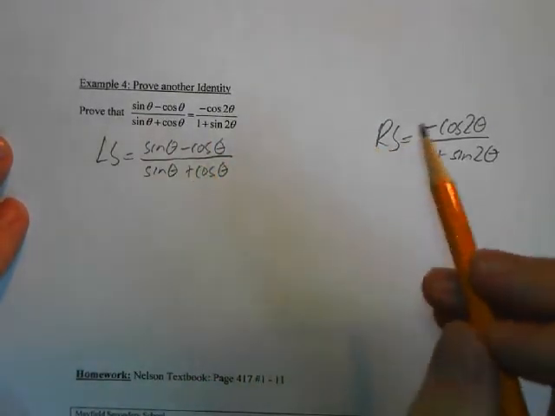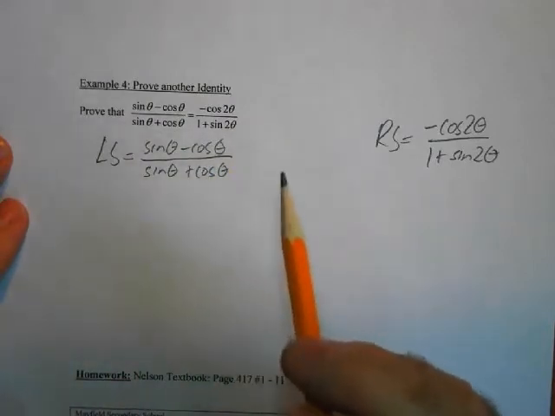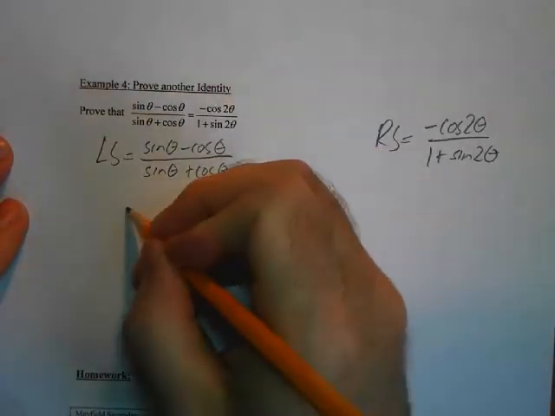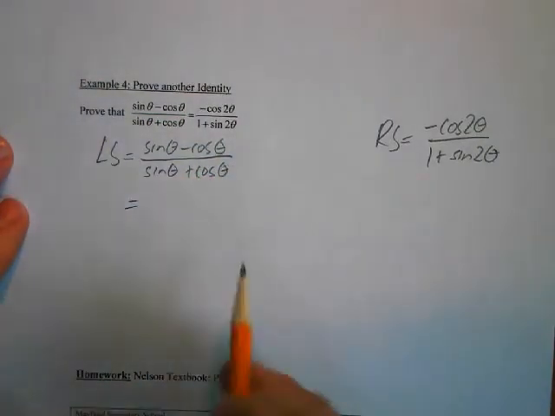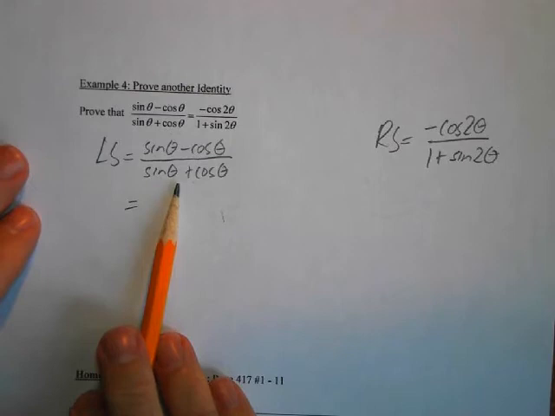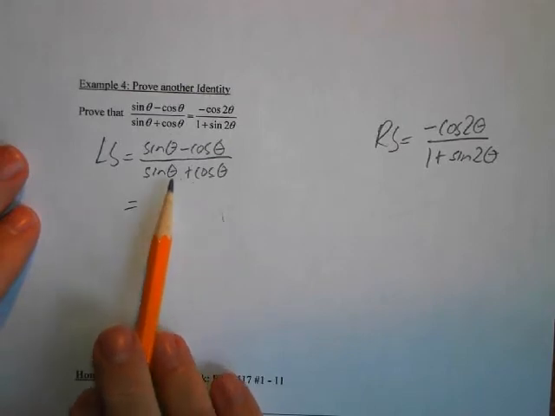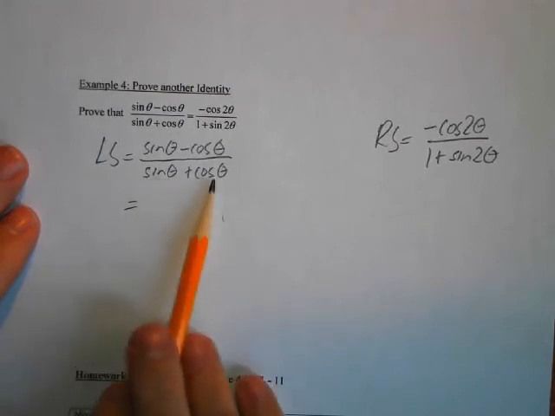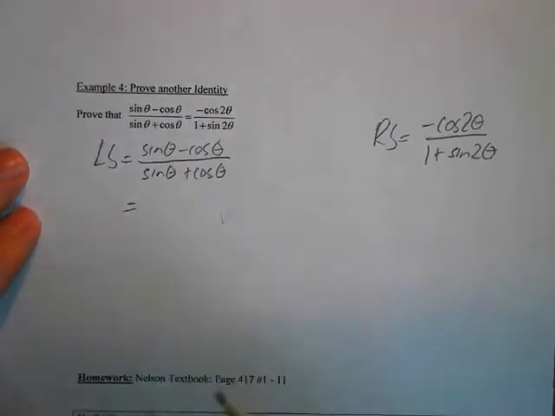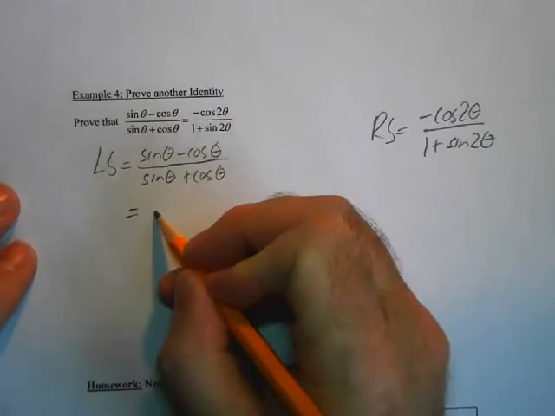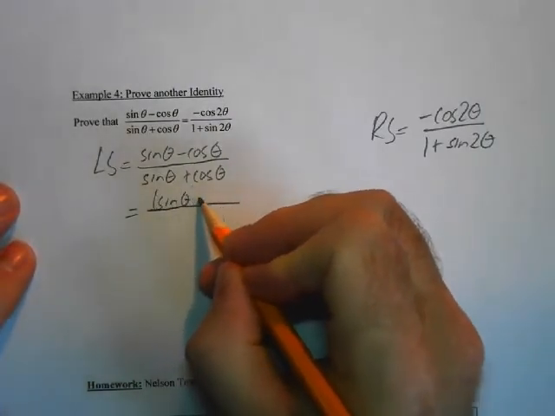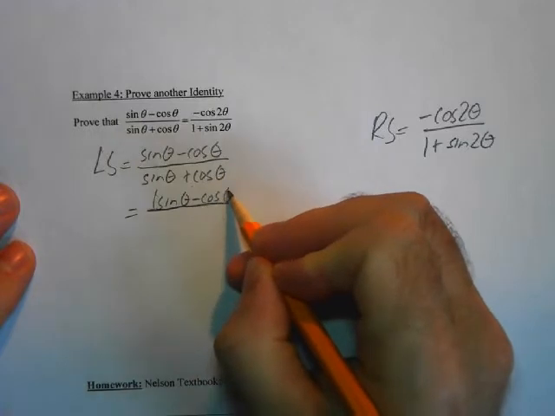So I'm going to use a strategy here, and this is a fairly common strategy that's used. This is really the conjugate strategy I was telling you about. So on the bottom we've got two trig terms that we're adding together. So what I'm going to do, I'm going to put brackets around each of the numerator and denominator.